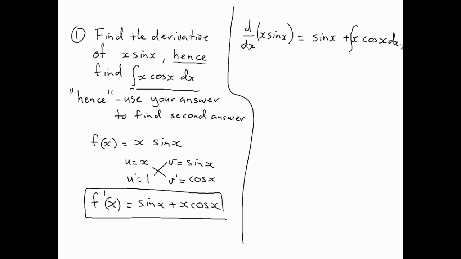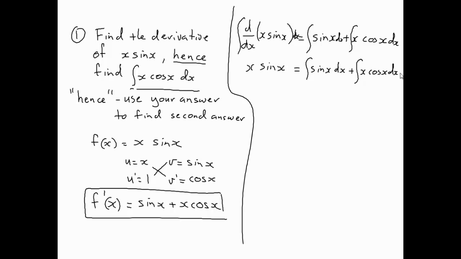So what we'll have to do is take the antiderivative of each of these. Now the antiderivative on the left hand side and the derivative cancel each other out and we're left with x sine x. We don't have to do any mathematics for that because we knew that already, which means that we now have the antiderivative of sine x dx and the antiderivative of x cos x dx.